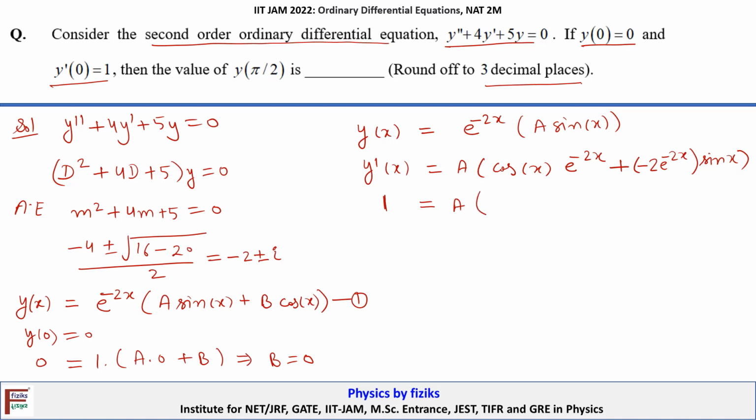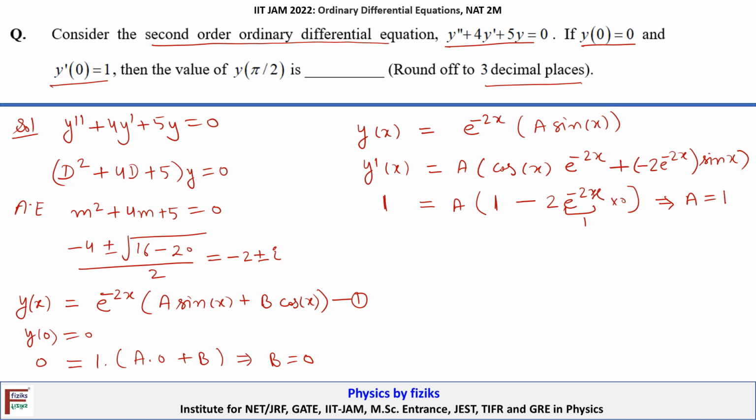This can be written as a into cos 0 becomes 1, and this exponential term also becomes 1 on substituting x is equal to 0. Now the second term, 2 times e to the power minus 2x, becomes 1 and the sin x becomes 0, therefore this second term becomes 0, and from here we obtain a is equal to 1.